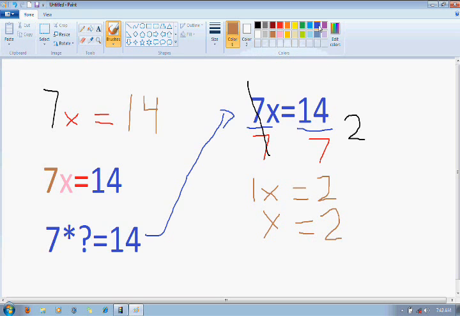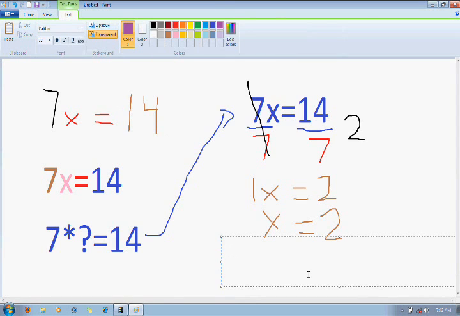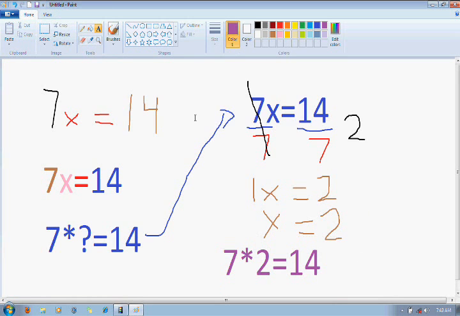And one thing our algebra teacher always made us do, and it drove us nuts, was you check your work. So going back over to this equation here, oops, let's get rid of that. What you're going to say is 7 times x equals 2, so let's plug that back in, equals 14, and you know that to be true.